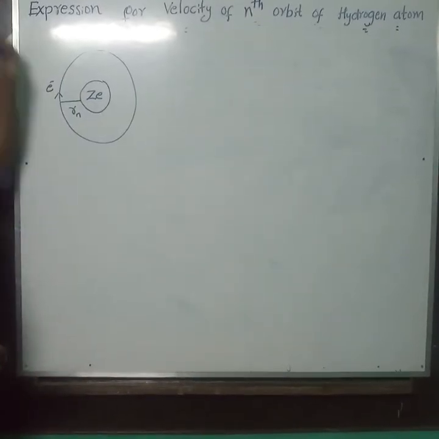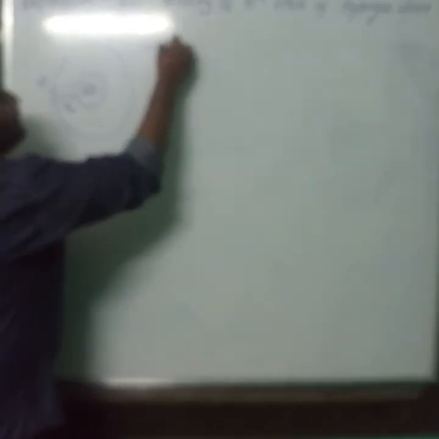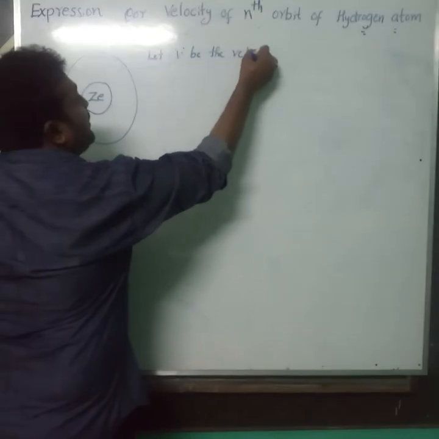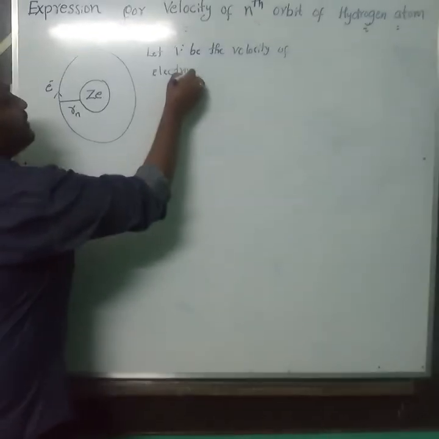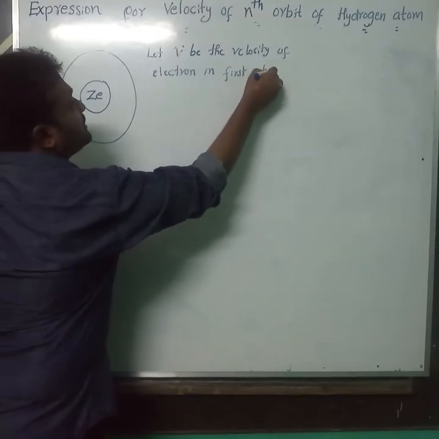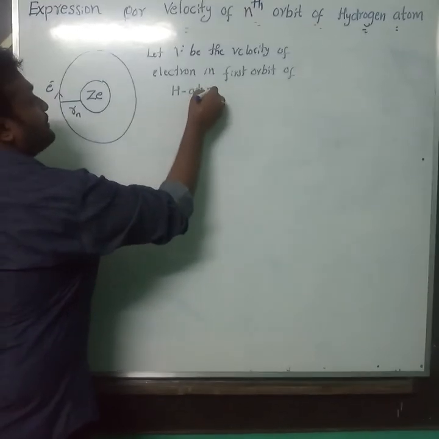Rn. So let us assume that V is the velocity of the electron in the nth orbit of the hydrogen atom.